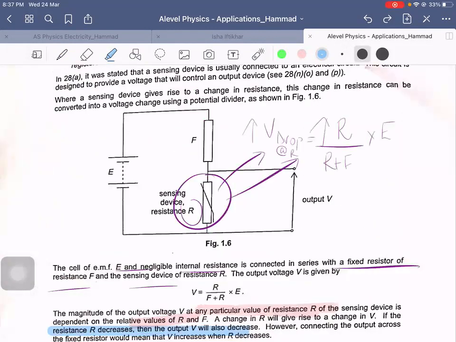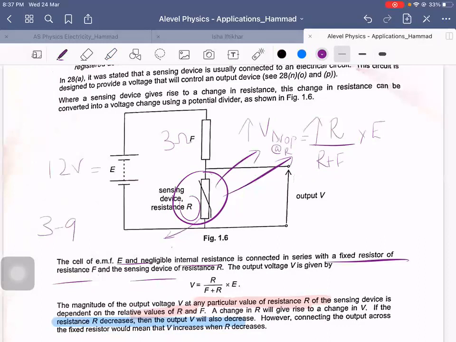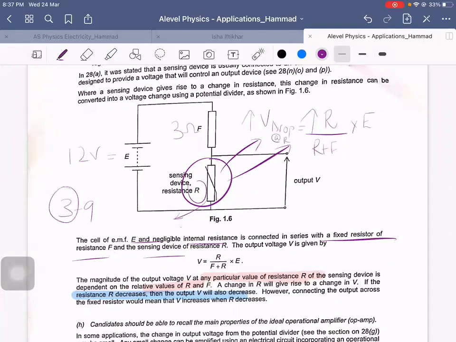For example, simply, let's say my fixed resistor was 3 ohms. My variable resistor had a range of 3 till 9. Let's say my EMF was 12 volts. Initially, I'm setting up my resistor to 3 ohms.